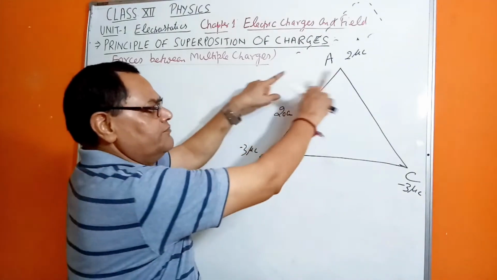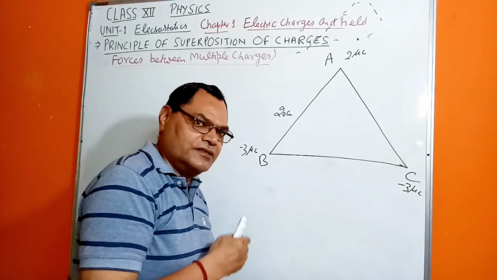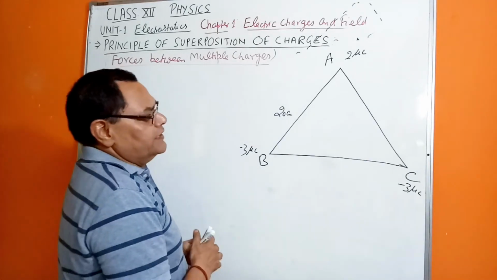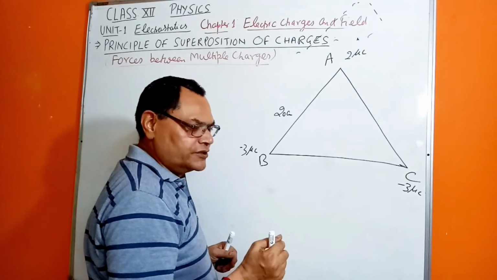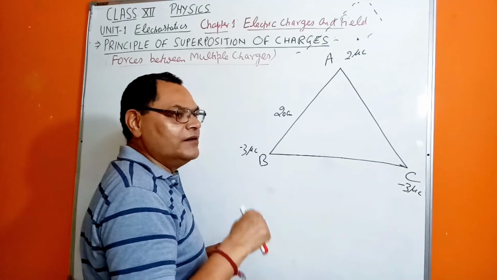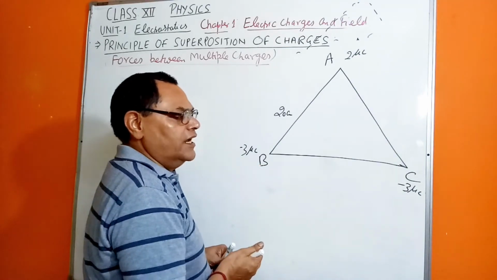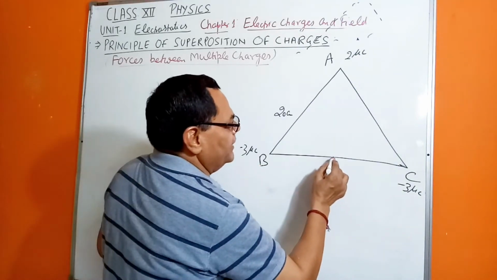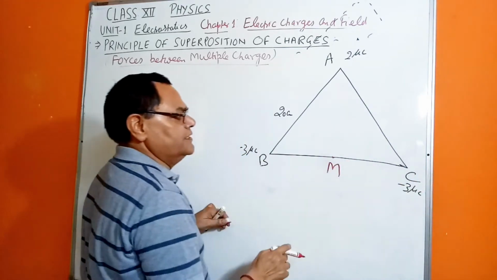In the previous class we have taken such a question of a triangle, but the question is different now. We have to find out the sign and magnitude of a third charge at some point M lying at the midpoint of BC.